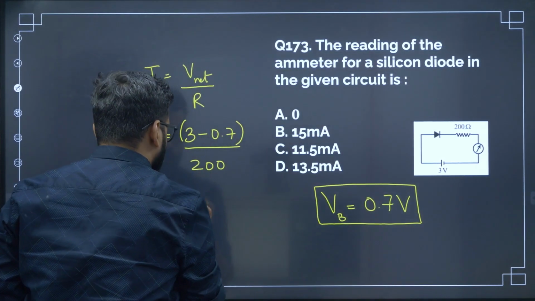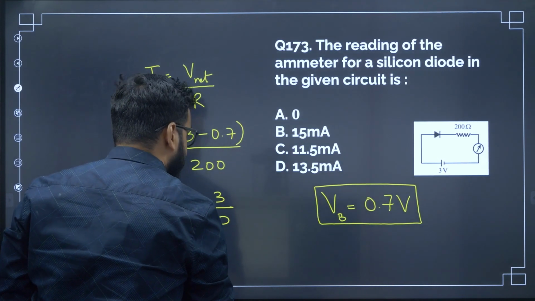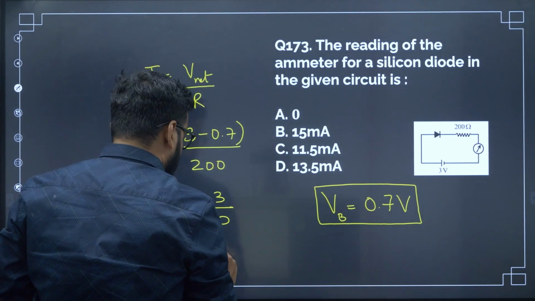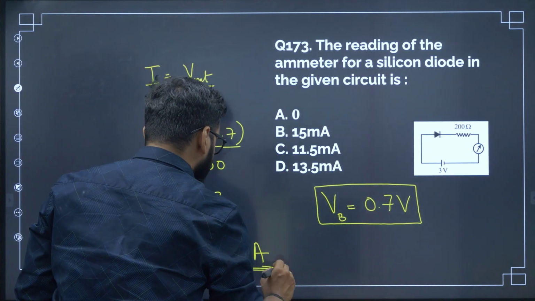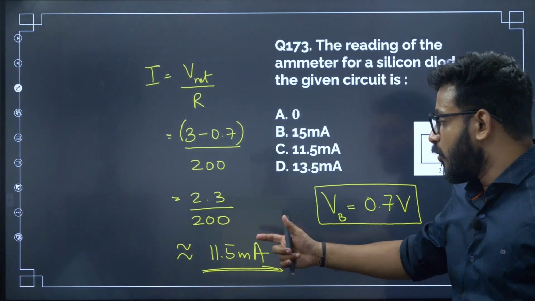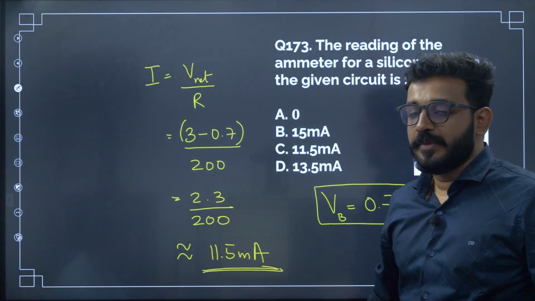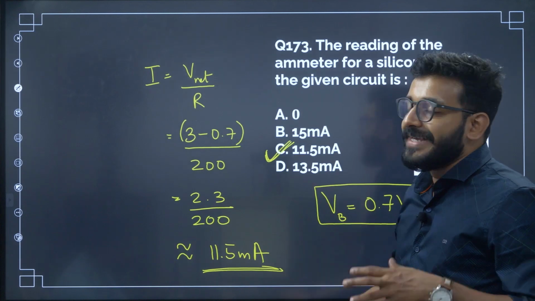So this is 2.3 divided by 200, which is approximately 11.5 milliampere. You can cross check the calculation yourself. 2.3 divided by 200 is approximately 11.5 milliampere. So option C is the correct answer.